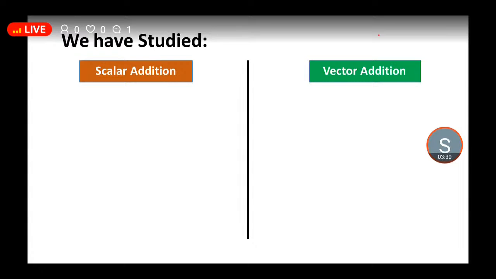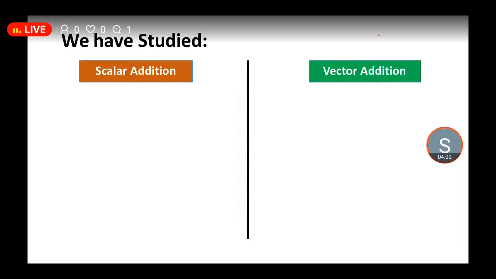We learned why we need vectors, that is, in order to get the direction and magnitude of physical quantities.